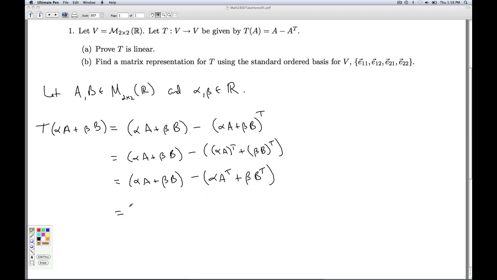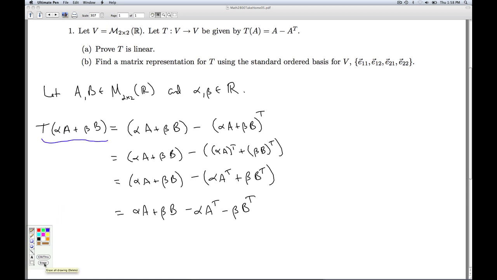And now I distribute through the negative, and I get alpha A plus beta B minus alpha A transpose minus beta B transpose. So that's T of alpha A plus beta B.